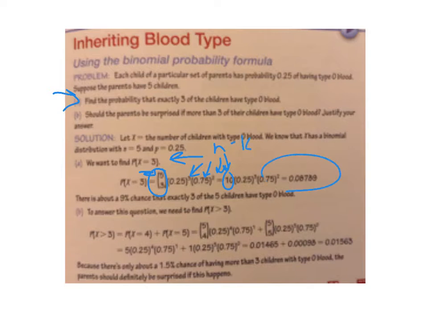So when I plug all that in, I get 0.08789, which tells me I have about a 9% chance that exactly 3 of the children are going to have type O blood.